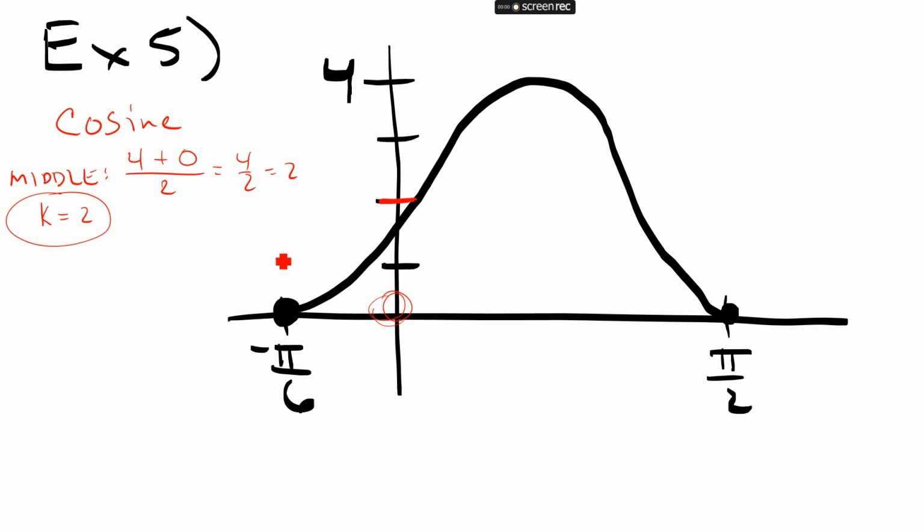All right, now we need to figure out the period itself. So how do you even figure out the period if it doesn't look very nice in the graph? So period would be the right end minus the left end.